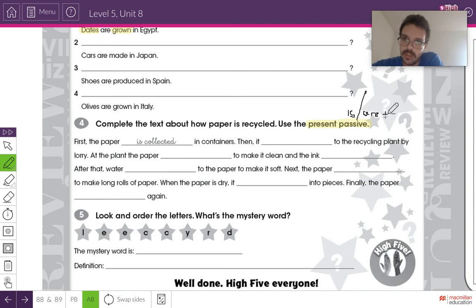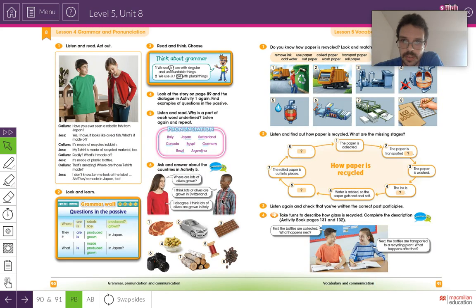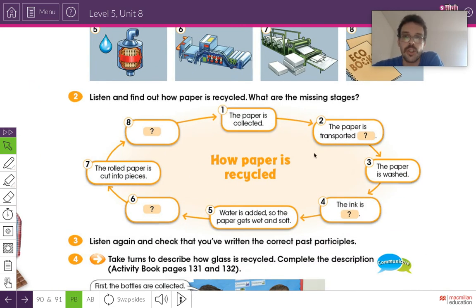plus the verb, and the verb has to be in the past participle, obviously. So first the paper is collected in containers. Now, if you don't remember the steps, this is in our pupils book. In fact, you even have these steps written in your notebook.